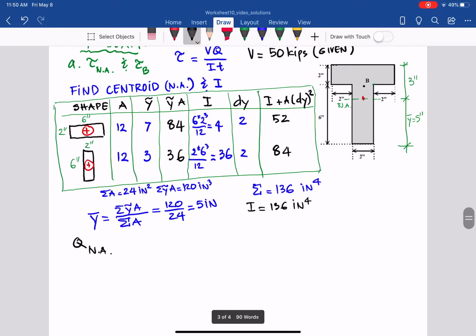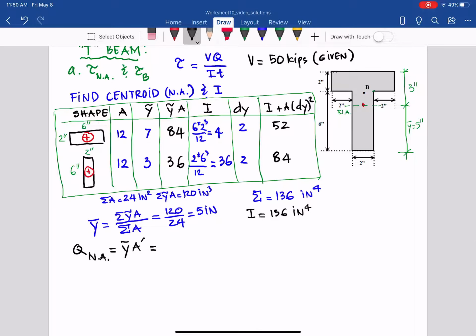Again, it's only one shape in there, so it equals y bar A prime, and that y bar is determined from the neutral axis, or the centroid of the whole cross section, to the centroid of the outward areas. There are two ways that you can do it, and they will have the same answer.